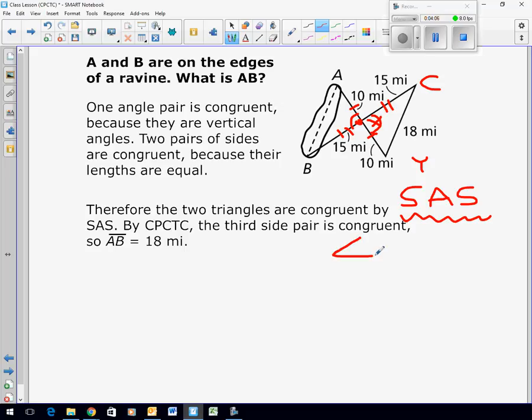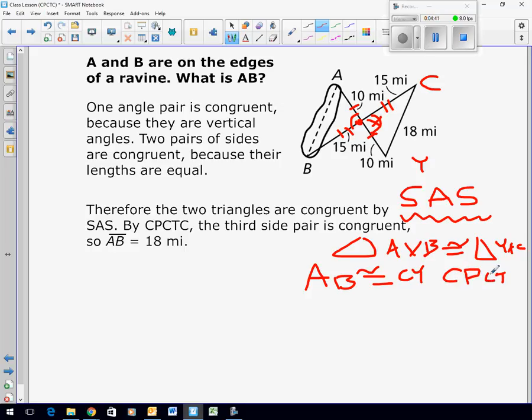Side angle side tells me that triangle AXB is congruent to triangle YXC. Once these triangles are congruent, I know that AB is congruent to CY, because corresponding parts of congruent triangles are congruent.